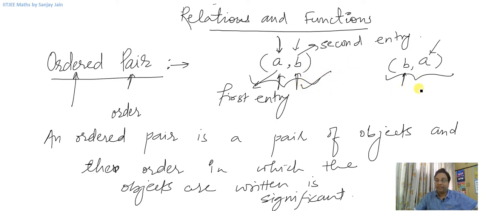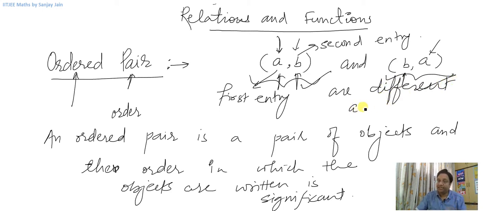They convey different meanings, right? These two ordered pairs, A comma B and B comma A, are different from each other until and unless A is equal to B.